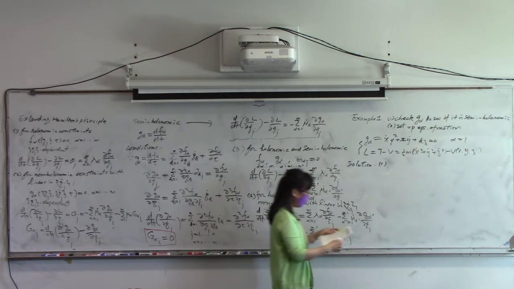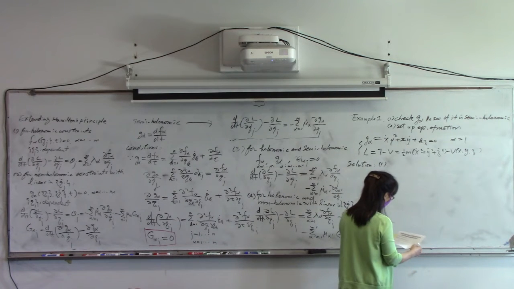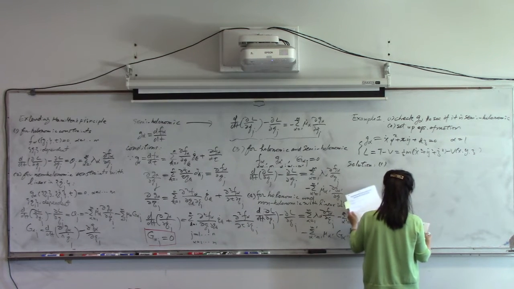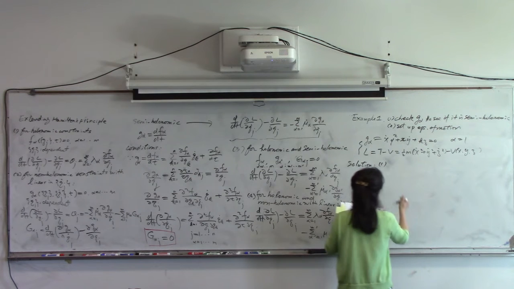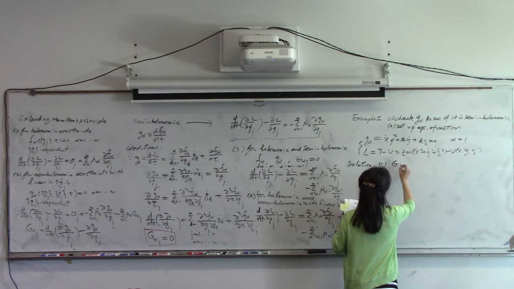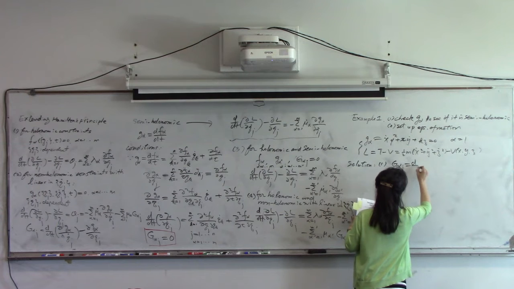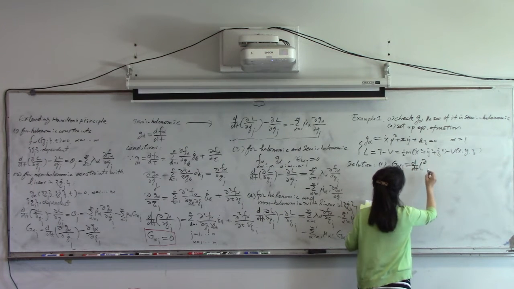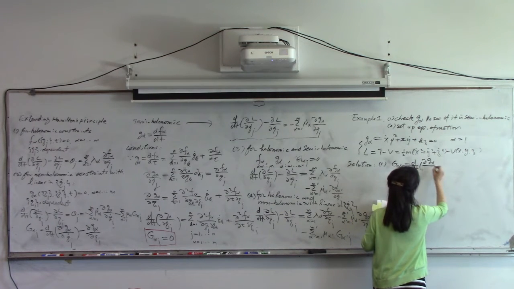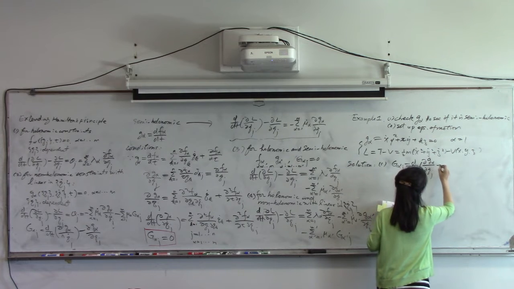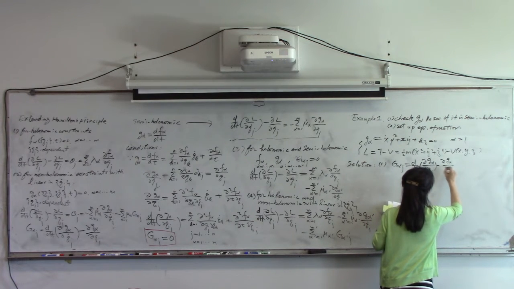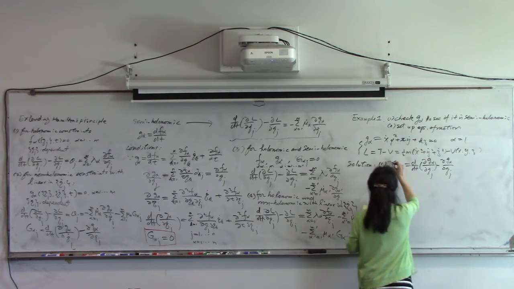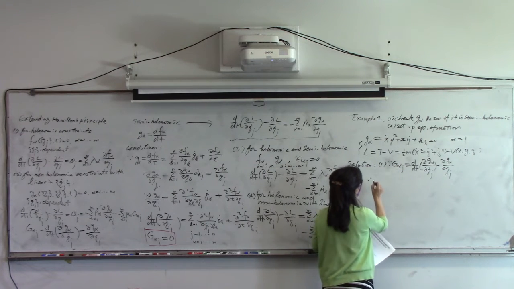Okay, so now let's do that. G alpha is d/dt of partial G alpha over partial q_g dot, minus partial G alpha over partial q_g.